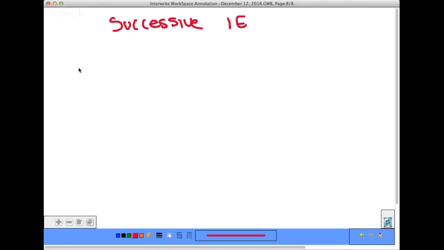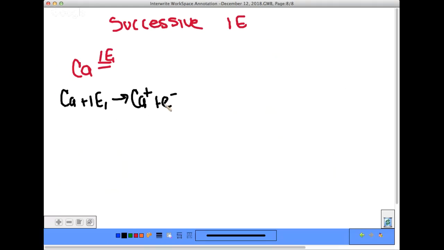Let's look at calcium. Now, if you look at calcium, we have our first ionization energy. What I'm doing is taking calcium, which is neutral at this point, and supplying some amount of energy, in this case the first ionization energy. And what I'm going to produce is calcium with a plus charge and an electron. So I'm removing an electron.